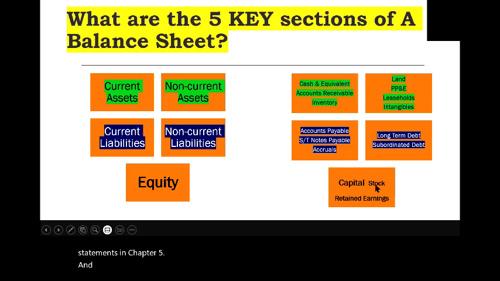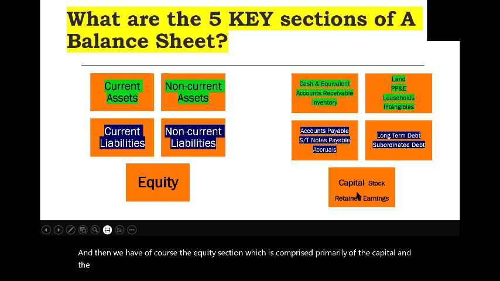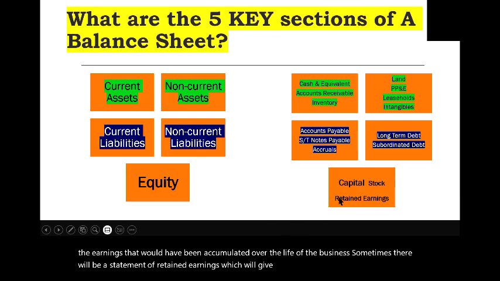And then we have, of course, the equity section, which is comprised primarily of the capital and the earnings that would have been accumulated over the life of the business. Sometimes there will be a statement of retained earnings, which will give us details regarding the makeup of the retained earnings.